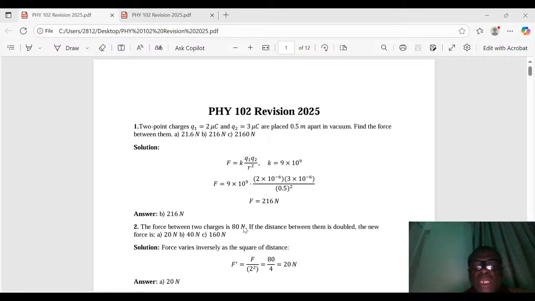Please, can you see the screen? Can you see the questions on the screen? So if you can see the question, let me know. These are the questions we'll be looking at.